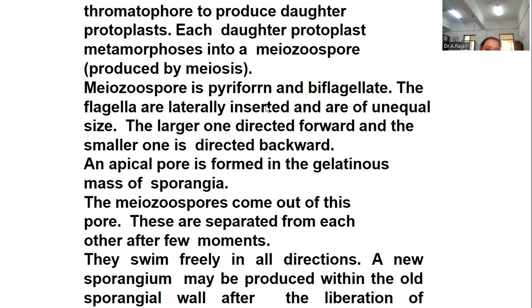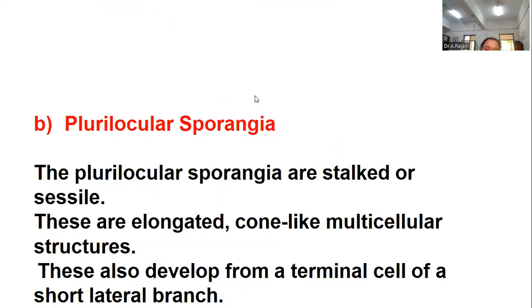The zoospores come out through the pore and separate from each other with movement. That is the unilocular sporangia. Second one, plurilocular sporangia. The plurilocular sporangia are stalked or sessile. This one is a cone-like multicellular structure.